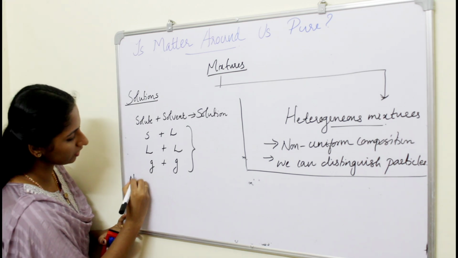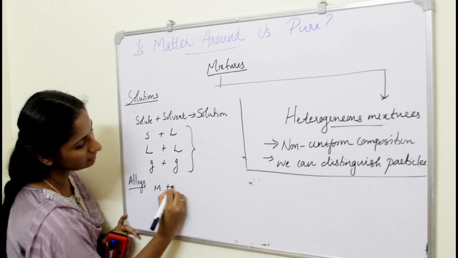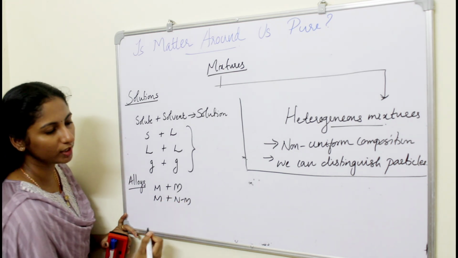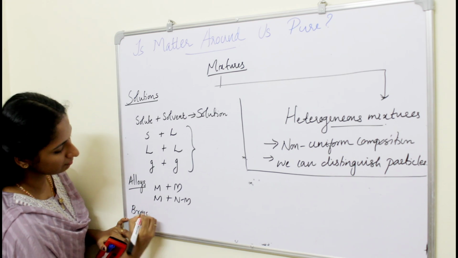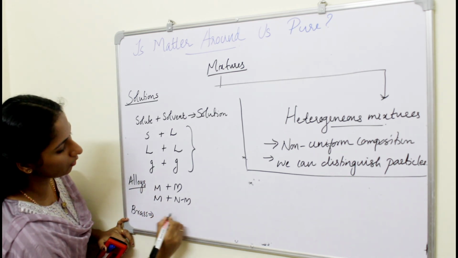What about alloys? Alloys can be a combination of metal and metal, or metal and non-metal. In the case of brass, it has copper and zinc.